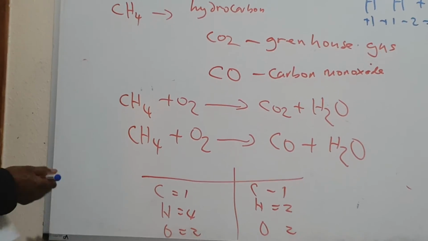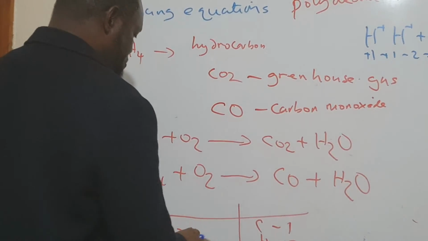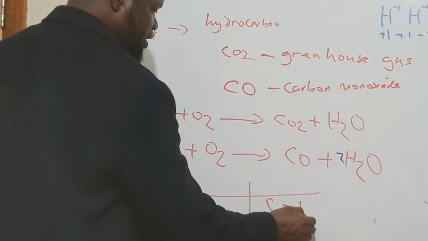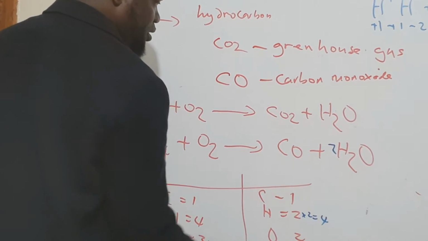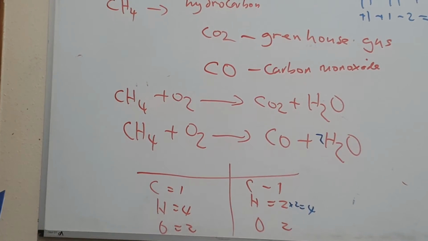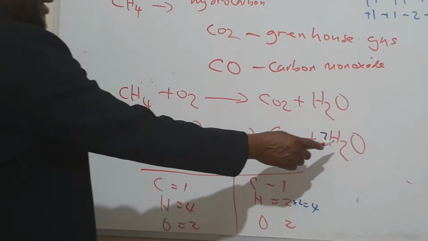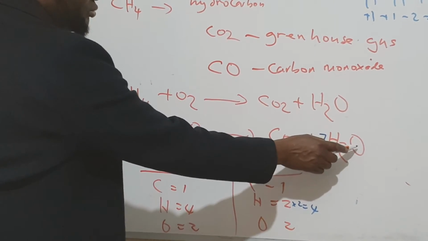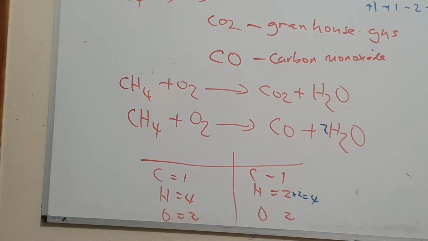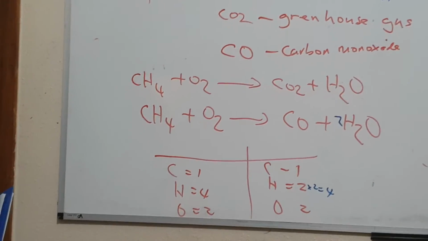So we'll simply put 2 here, innit? To make this 4, we put 2 here. Multiply this by 2, and we have 4. But if you do that, the conundrum is the oxygen will now be 3. 2 times 2, 3. And we can make this 3. Do you understand?